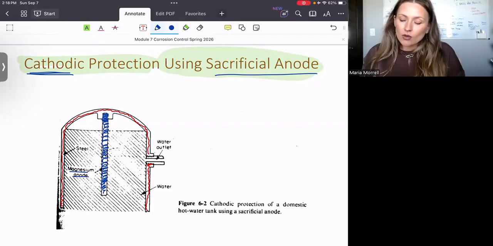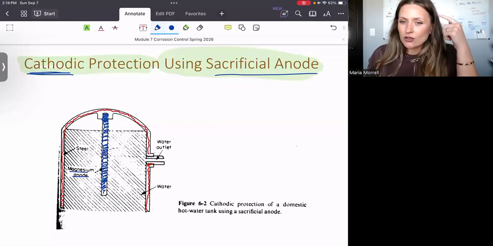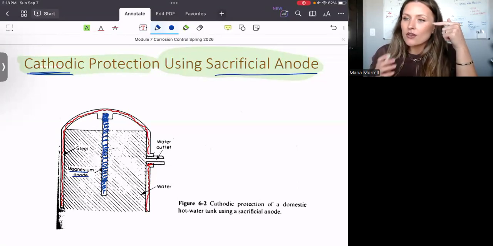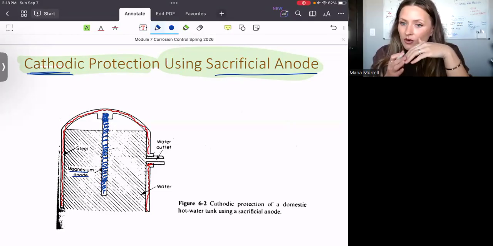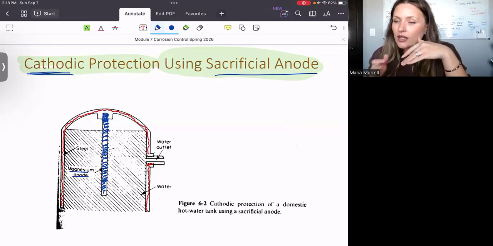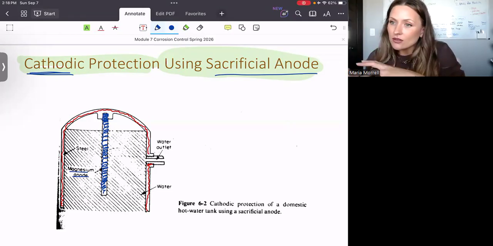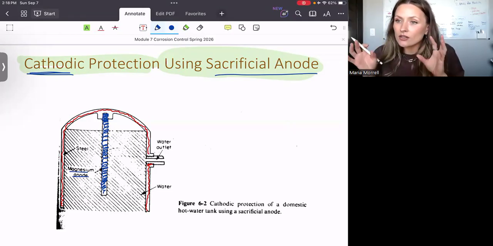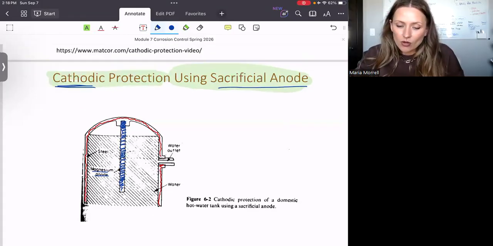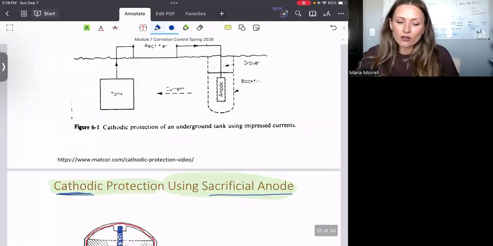Now, if you go back to the electron flow, the electrons move from the magnesium to the steel. And that means that the electrons enter from the electrolyte to the steel, because those two are in direct contact, and that is the important point. Okay, so that's the sacrificial anode.